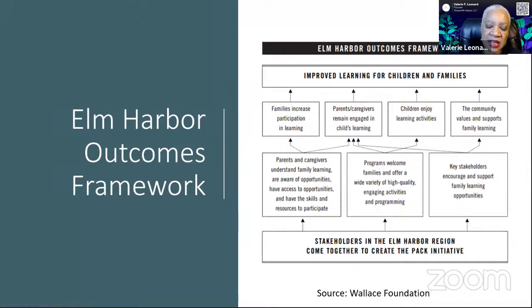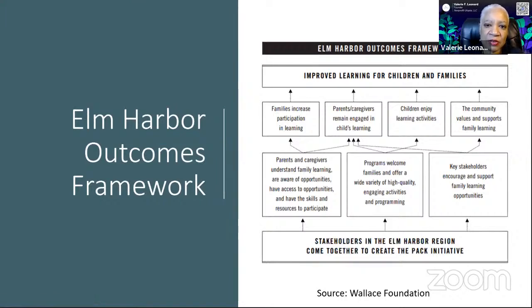So again, you can also think of this as a collective impact model. Notice everything flows from the base. The first thing that happens is you get your stakeholders together. Second thing is you are creating a demand. And then once you have that demand, that would lead to families increasing their participation in learning.